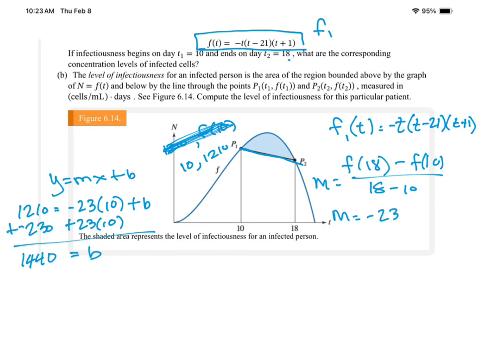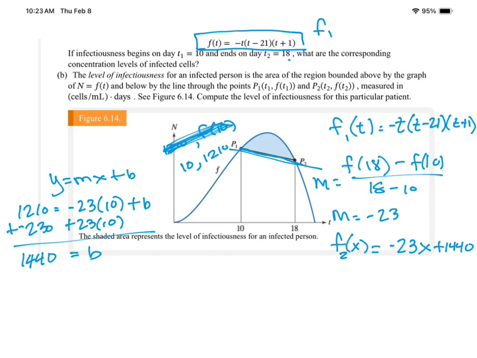Okay, so for me, then I'm going to put that equation in F2. F2 of x is going to be negative 23x plus 1440. There's the function. That's the equation of this secant line. Is that making sense?